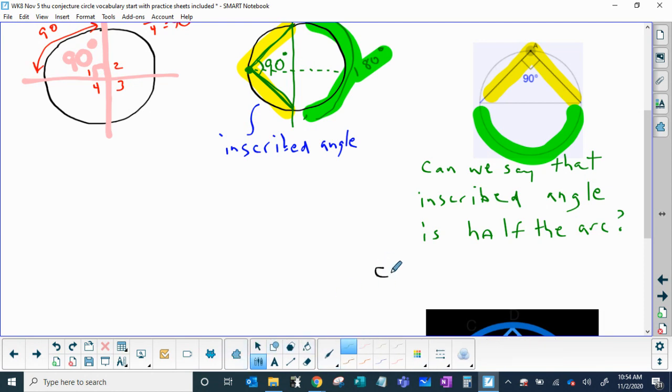Okay, that's a conjecture. Can you say that? So think about that.